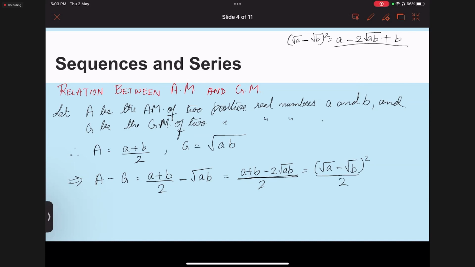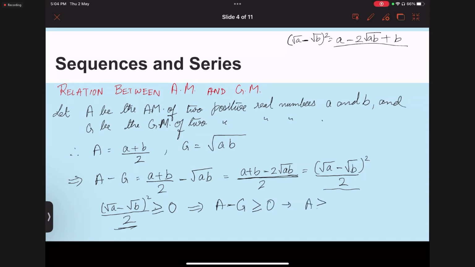Now you can see that this value is actually going to be greater than or equal to 0. So this means your A minus G is going to be greater than or equal to 0. And this in turn denotes that A, the arithmetic mean, is greater than or equal to your geometric mean.